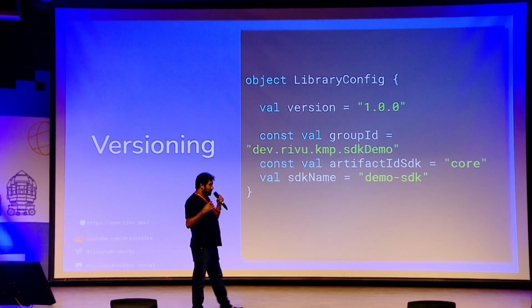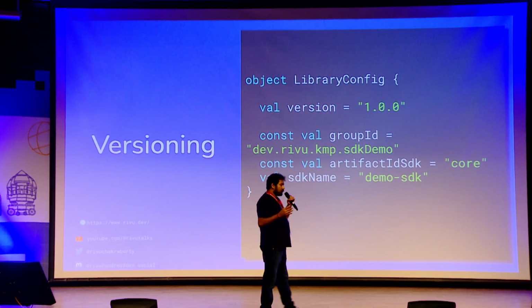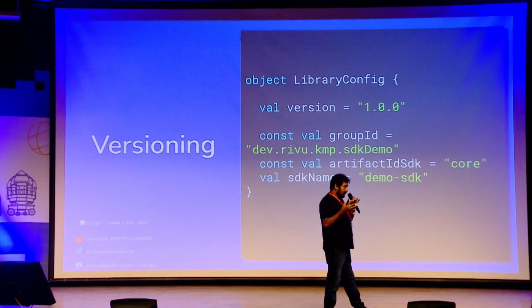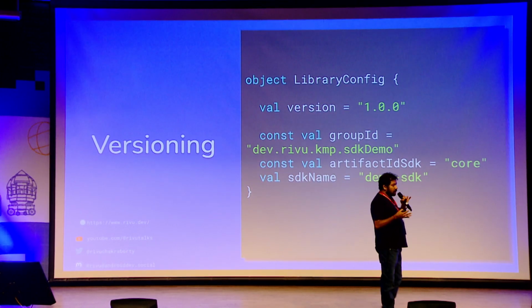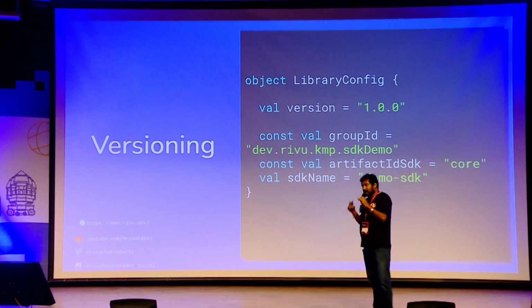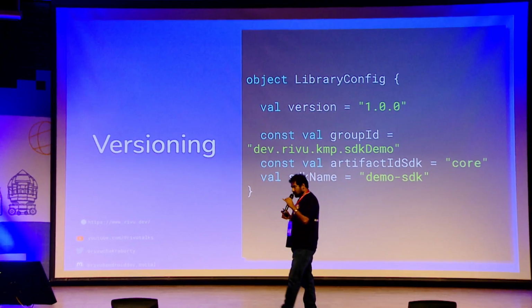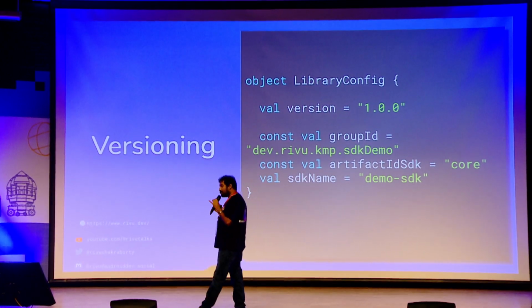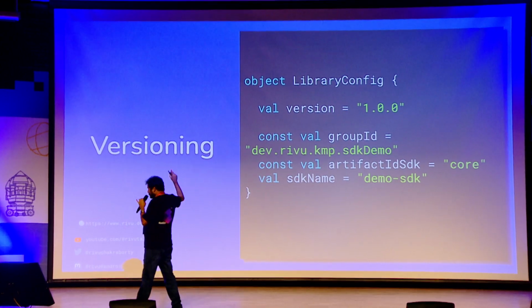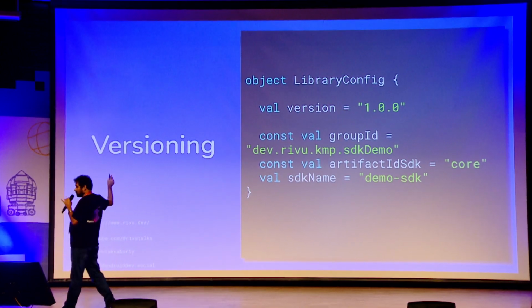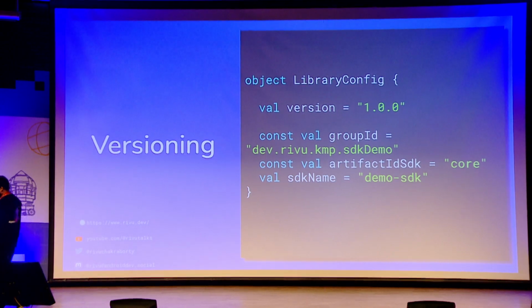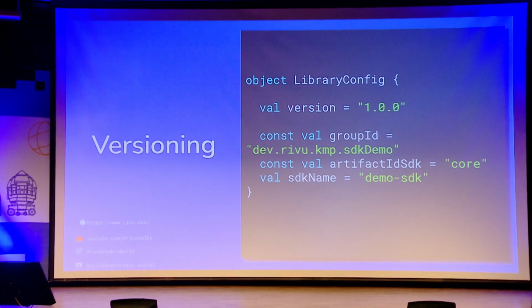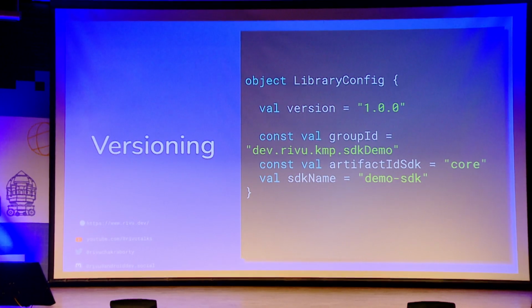Because then you don't exactly know what the differences between the fixes and the features in Android and iOS are. When you're building the SDK together for all the platforms, that problem goes away. So here is how I manage releases for all the platforms. I have a single version. Since I'm building together, all the platforms are using the same version.